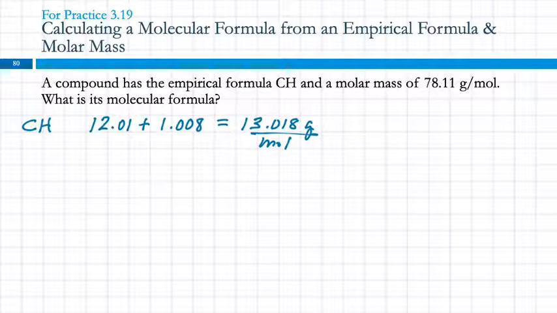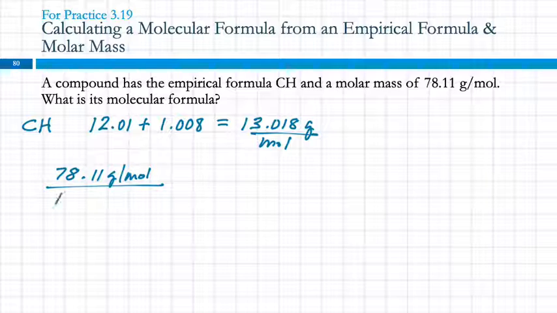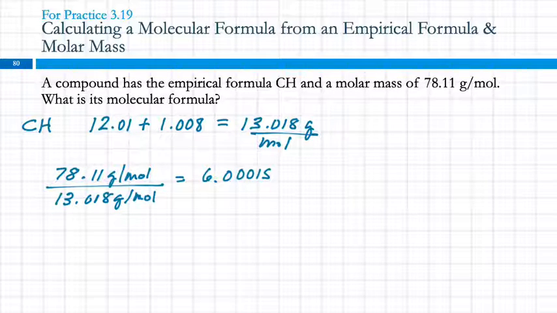Well, we don't need to guess, we can just divide. 78.11 grams per mole divided by the mass of the part, 6.00015, blah, blah, blah.